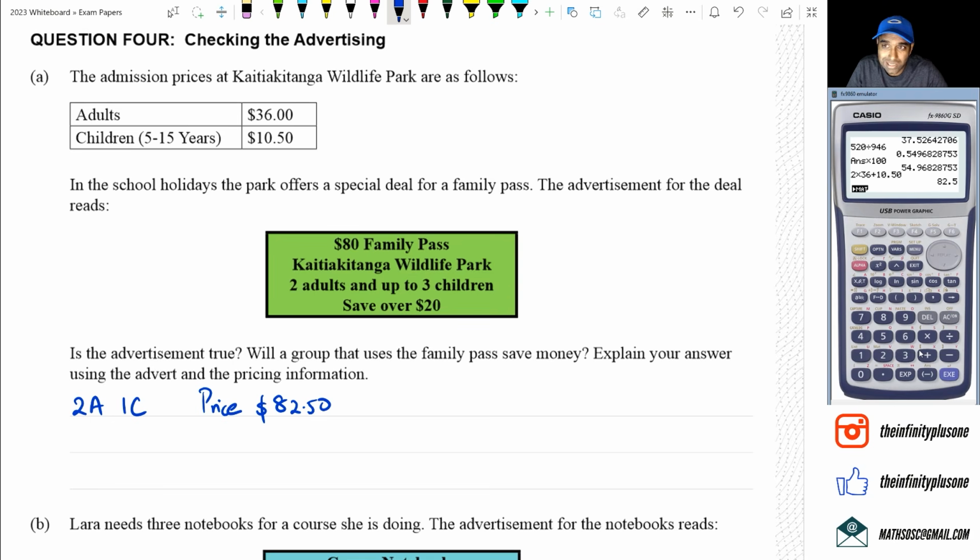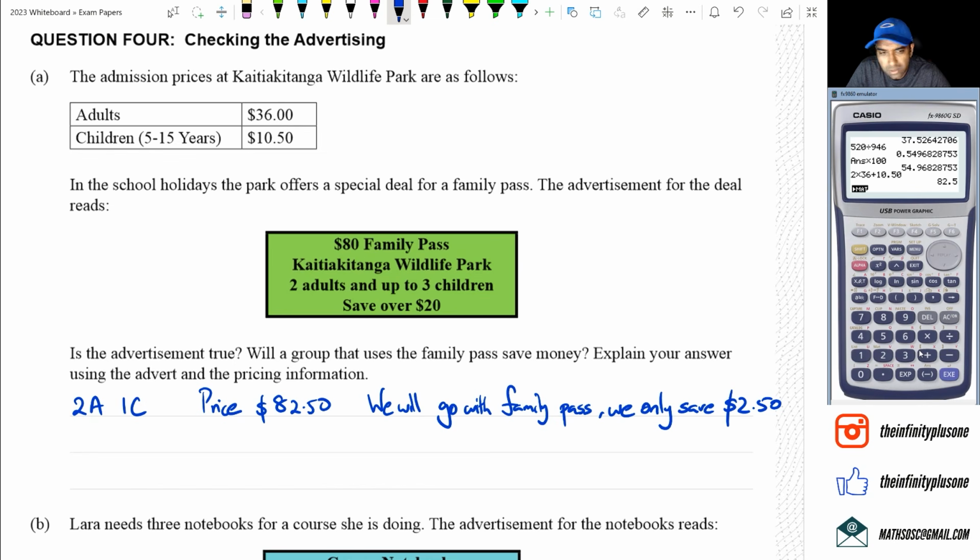So in this case, it would be cheaper to go with the family pass. But how much do we save? We only save $2.50. All right, so that's what we're looking at.